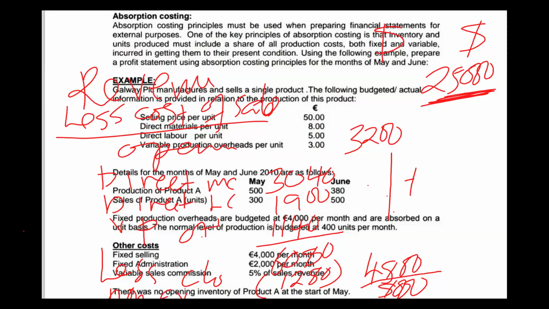So 5% of 25,000 is what we add to this 8,000.